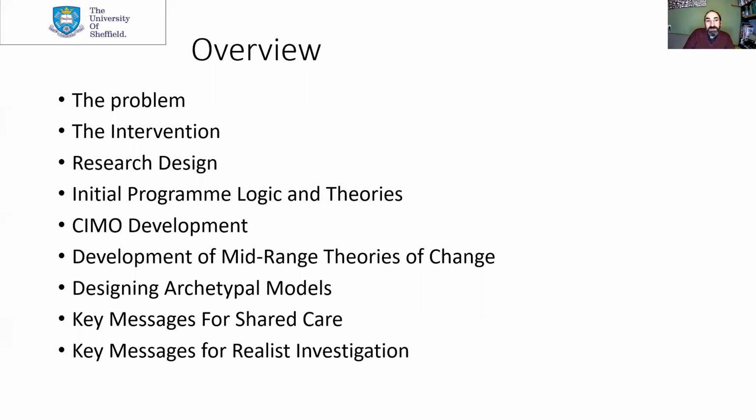So starting with the initial program logic and theories, the development of context, implementation, mechanism and outcome theories, development of mid-range theories of change that linked in with those, and then onto the designing of archetypal models. Then we've got some key messages for shared care for this project and key messages for realist investigation.